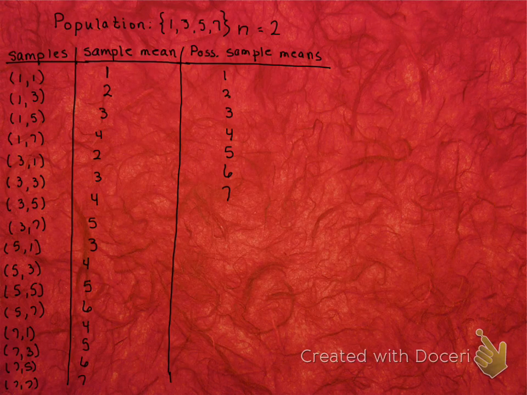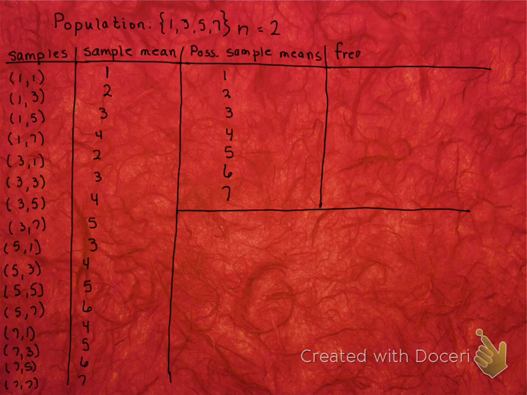And then in the next column, we are going to find the frequency. So how many ones do I have? It looks like when I go down that list of sample means, I've only got 1 one.